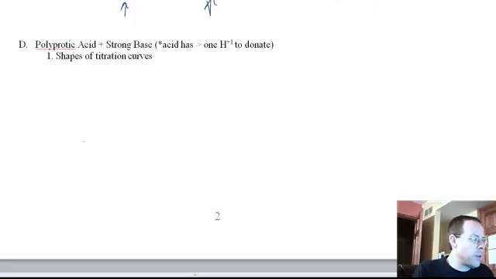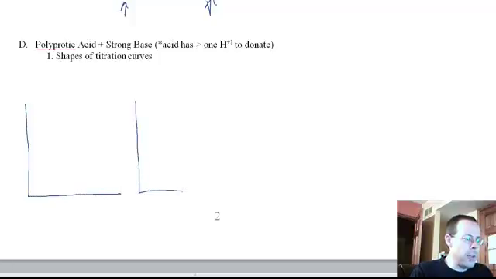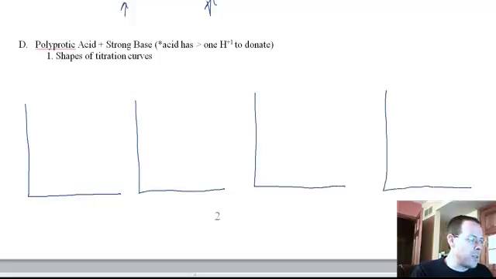Alright? The very last thing is, what do titration curves look like? Alright, so what we're going to do is we're going to draw 4 titration curves. This is what I want you to put at the bottom of your notes, just in this space, works just fine. Alright, pH is our y-axis, and really the only pH we're really concerned about is a pH of 7, which should be right in the middle.